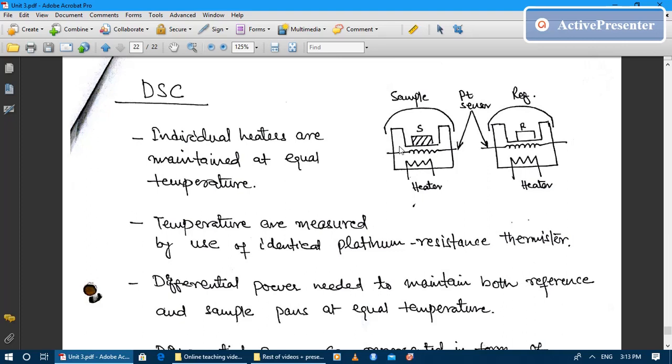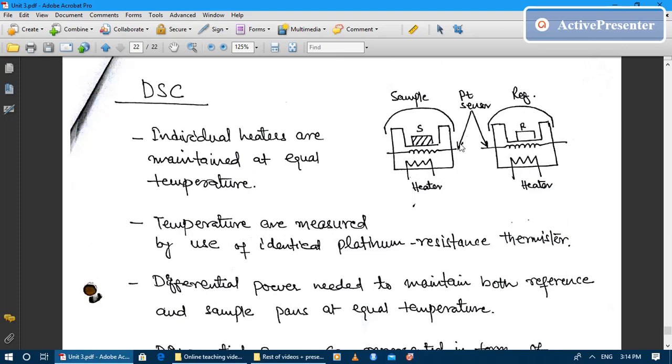The sample oven contains the polymeric sample, and the reference contains an empty pan. There are two temperature sensors, PT sensors. They measure the temperature of each individual oven, and a heater is associated. This heater provides electrical energy to heat the oven.